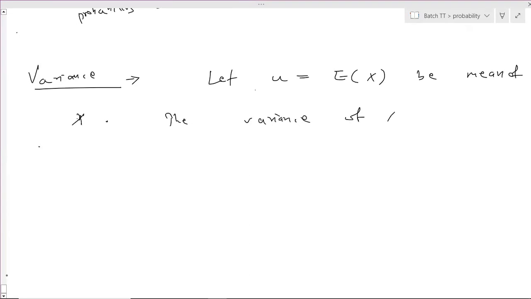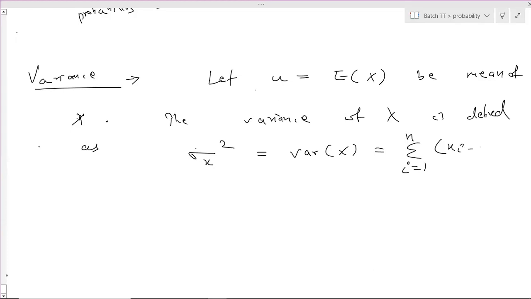The variance of x is defined as sigma square. Sigma square is noted as the variance, equals Variance of x equals summation i from 1 to n (xi minus mu) square into probability of xi. All right, this is one formula.